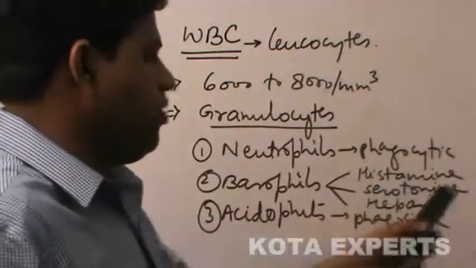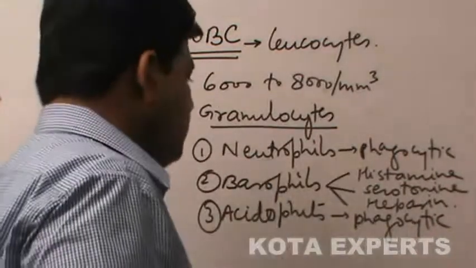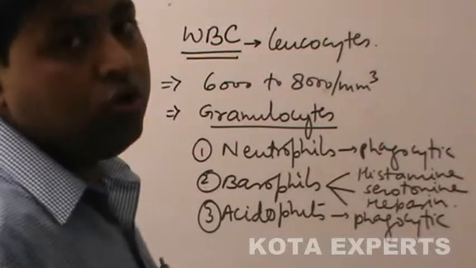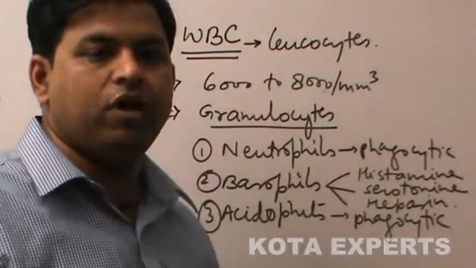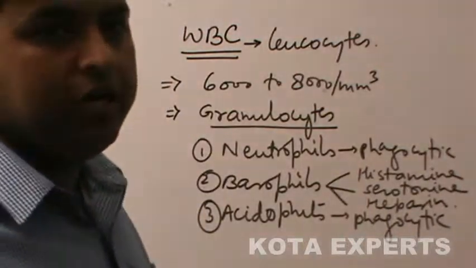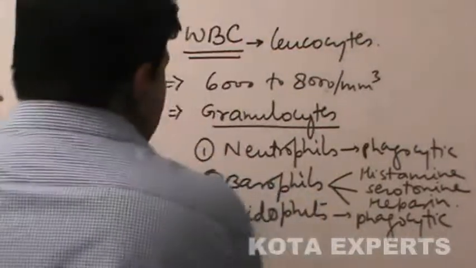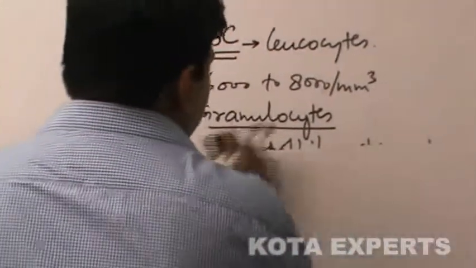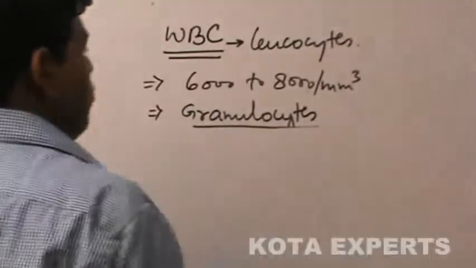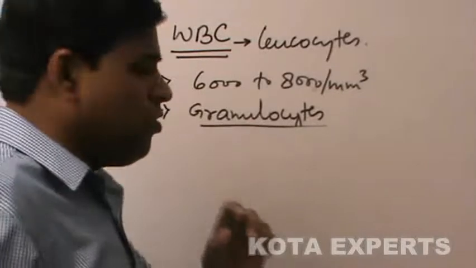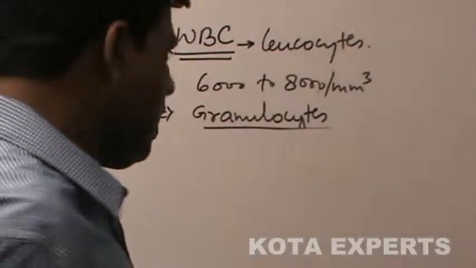So histamine, serotonin and heparin are produced by the basophils, and neutrophils and acidophils are phagocytic in nature. That is, they will engulf the foreign material which can cause disease. So these are granulocytes, those WBCs which have granules in their cytoplasm.